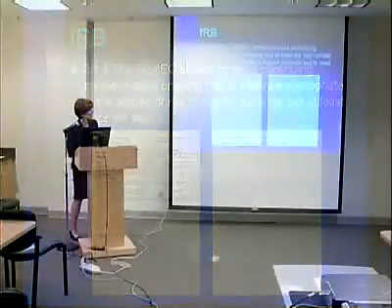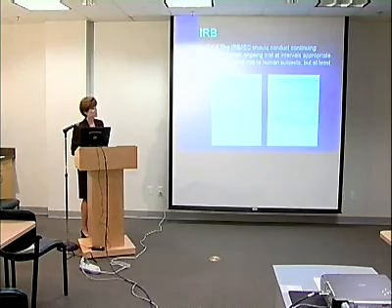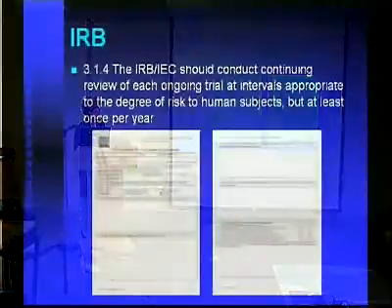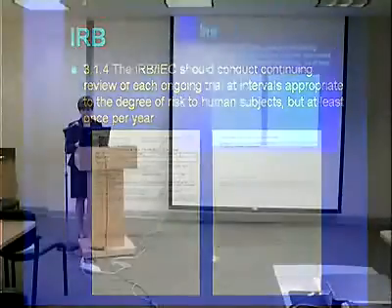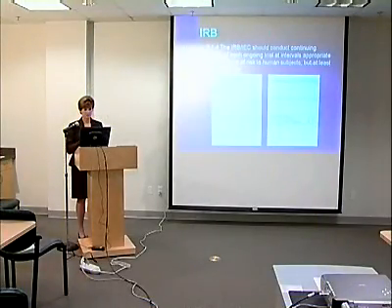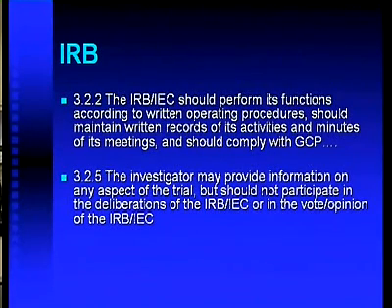I don't know if you can see this, but this is our Research and Education Institute continuing review form. It's a 2-page form. And that's included in your handouts as well. Fortunately, you can complete this online, but then you have to print it out and sign it. The IRB should perform its functions according to written operating procedures.